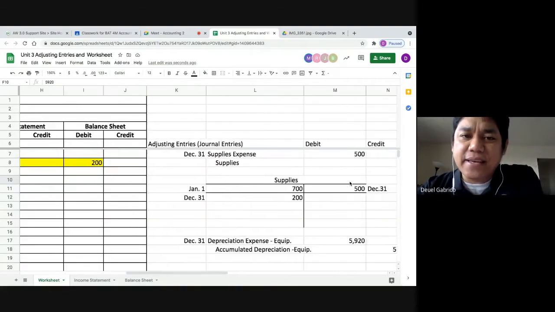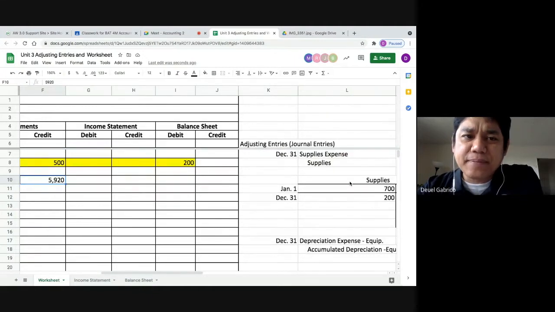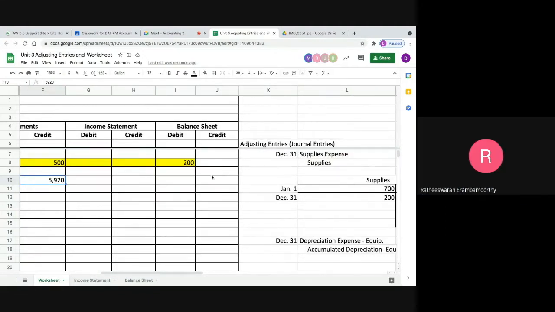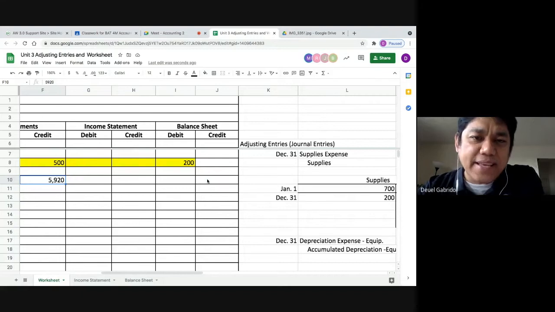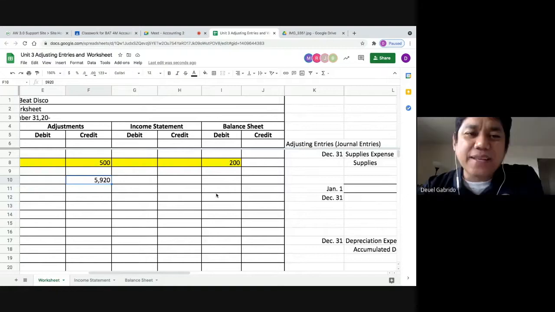21,320. Where shall we put it? Income statement or balance sheet? Balance sheet. It must be in the balance sheet because that's the partner of your equipment, right?